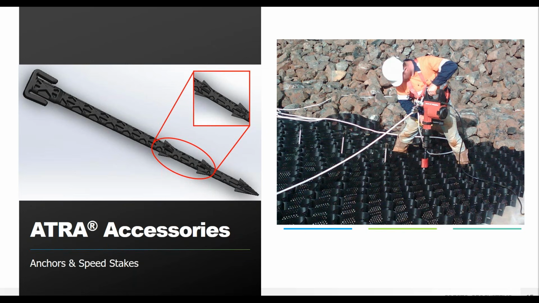Like I mentioned, we have two options for stakes. One made of a standard steel rebar and one made of high-density polyethylene. And that's what's shown in the photo here. That's our ATRA speed stake. This is really good if you are in a saline environment, like if you're on the coastline where metal would corrode. You would use the HDPE stake because it's not going to have that corrosion or that environmental degradation over time.